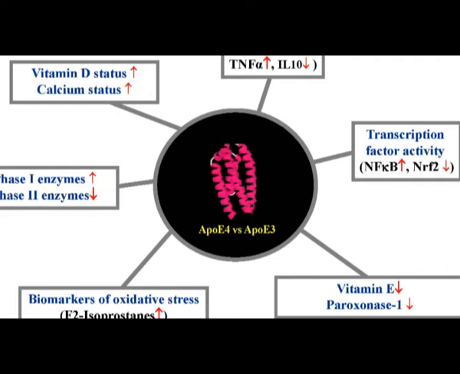So what we basically postulate is that in the genotype at risk, which is the ApoE4 genotype, phase 1 enzymes are enhanced, whereas the phase 2 enzyme response is impaired. And this may very much contribute to the higher disease risk in the ApoE4 genotype.